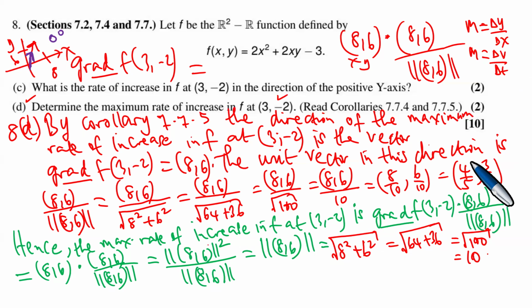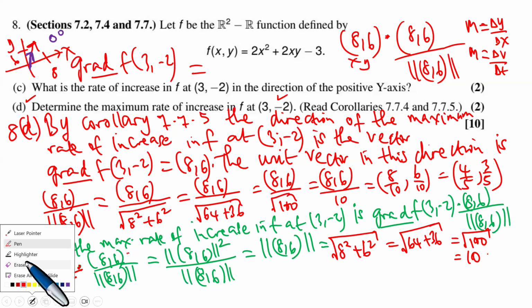We're on point, because if you say the maximum rate, it would just be the gradient, but we dot it with a unit vector in the same direction. So we're finding the dot product of the gradient with a unit vector, because it's 8, 6 making a unit vector.